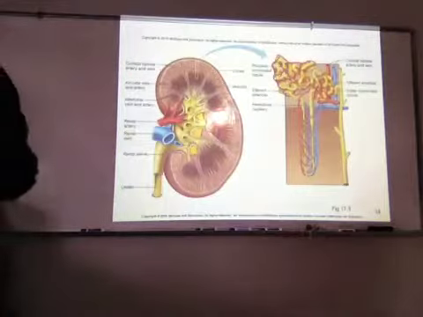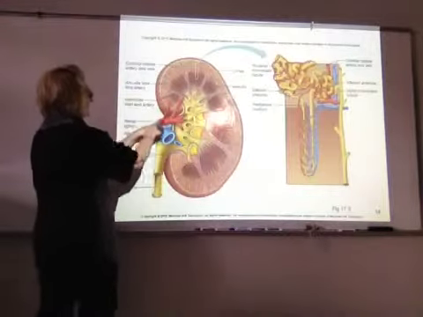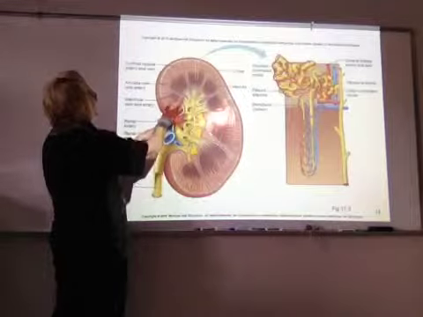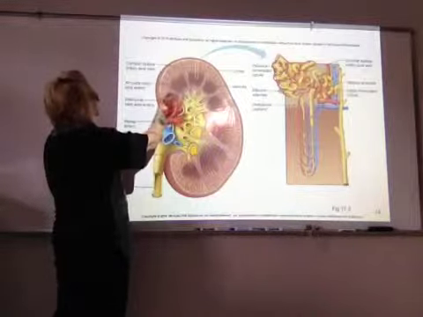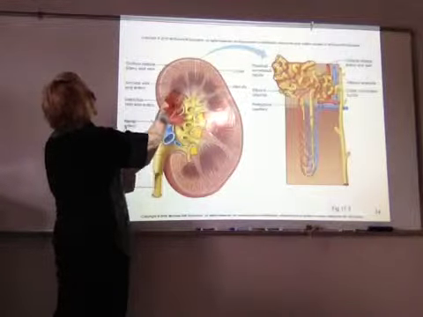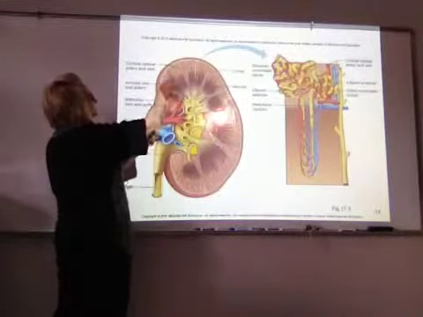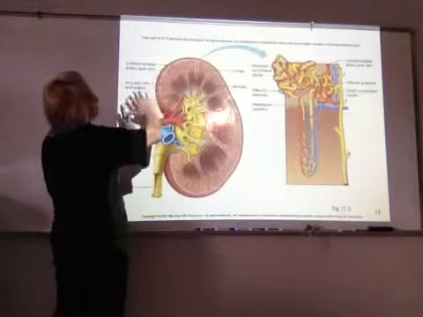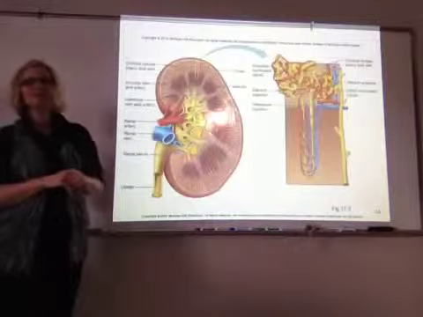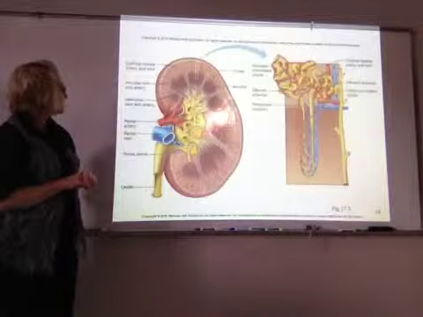So here, if I'm looking, here's your main artery that comes in. It's going to branch, and then you're going to see interlobular, which basically means in between lobes. Arcuate is going to come around on the outside. You can look at the picture and see how they branch, but like I said, I probably won't have you label that on the test.